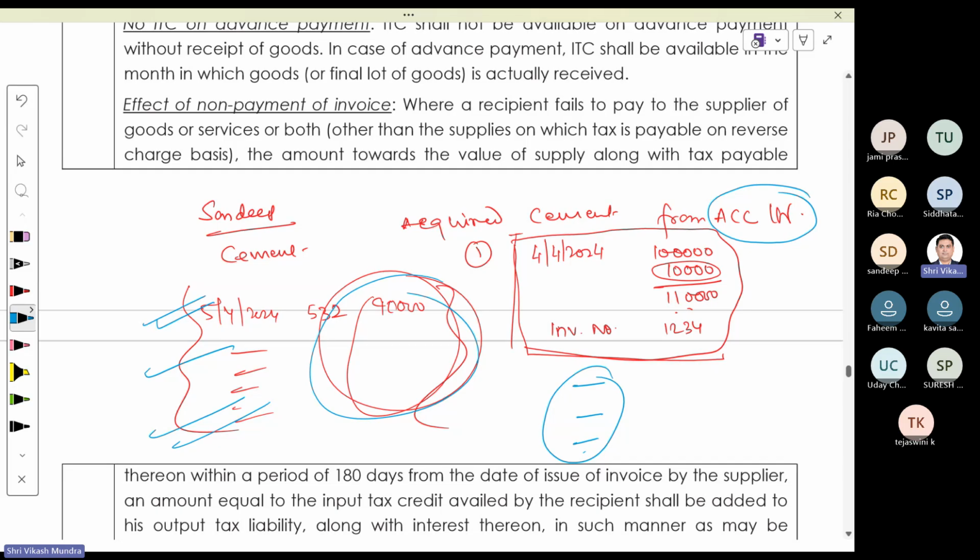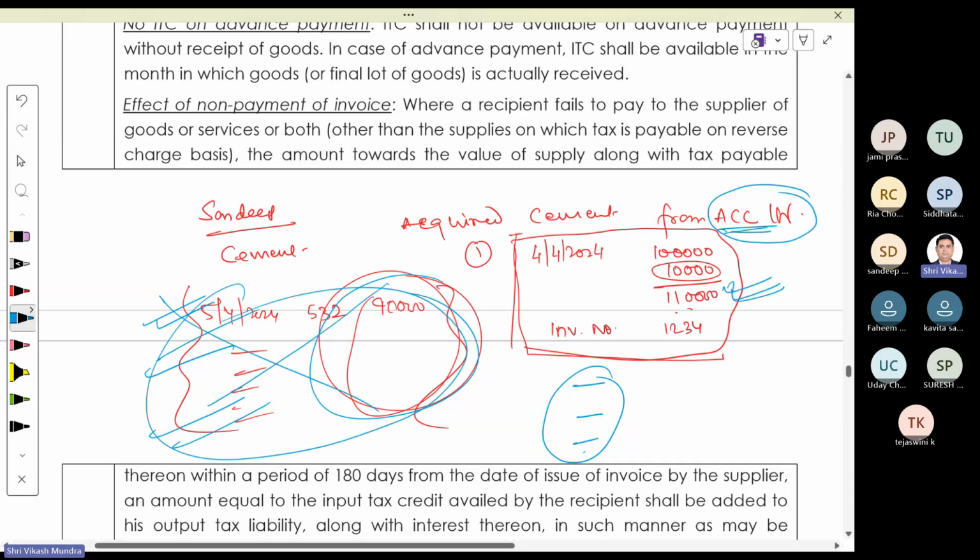In this situation, will ACC confirm this invoice? No, ACC will never confirm this invoice, and accordingly, the restriction is that if these invoices are not confirmed by the issuer, that is the supplier, then Mr. Sandeep is not eligible to claim any ITC on that.